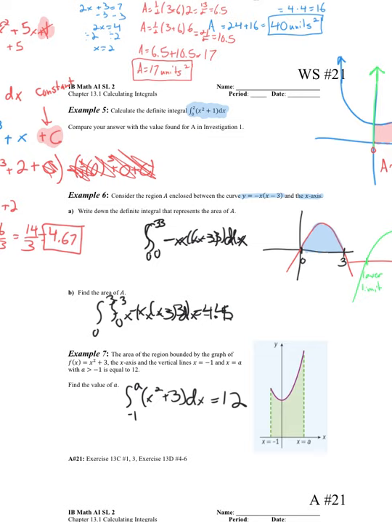One of the weird things about this is that integrals have never been on the IB exam before. This is the first year because this is a new course. So I can't look at past IB exams and see integral questions, so I have no idea what they're going to ask you. I can just assume that the book is leading us in the right direction, that we're going to use calculators for all of this.